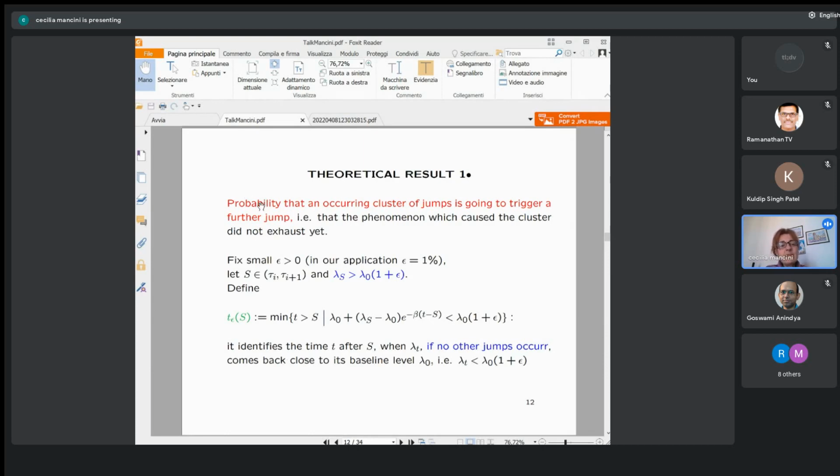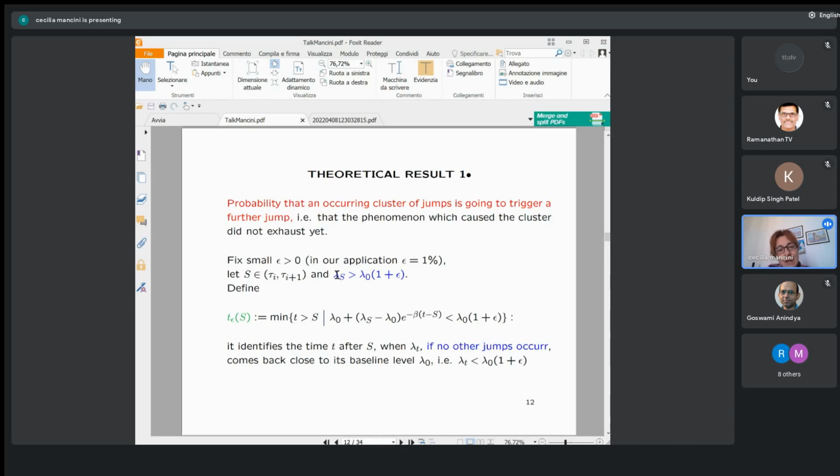So we are interested in the probability that an occurring cluster of jumps is going to trigger a further jump. We fix a small epsilon, for instance 1%, and we consider that the observation time, we are at time capital S, between two consecutive jumps, okay?